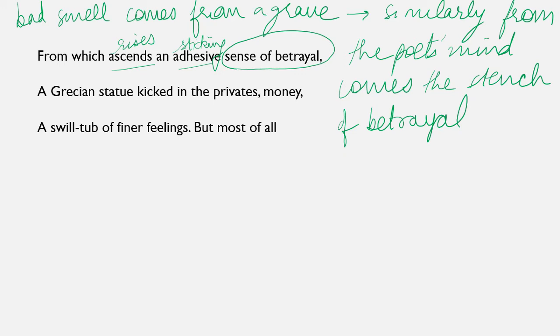From which ascends an adhesive sense of betrayal, a Grecian statue kicked in the private's money, a swill tub of finer feelings. And see how he's just using words. इनका अपने आप में कोई मतलब हो ना हो, लेकिन they might not have a meaning in themselves.